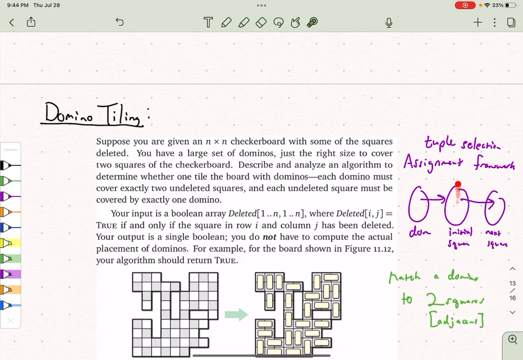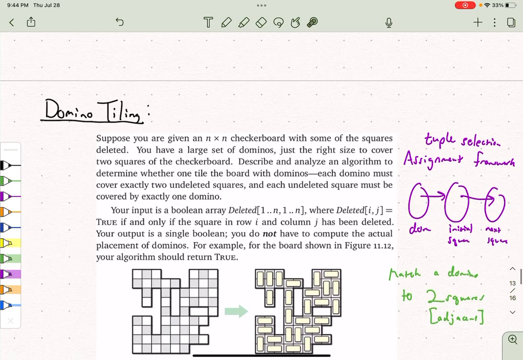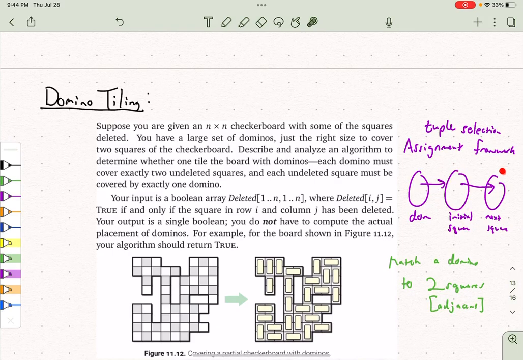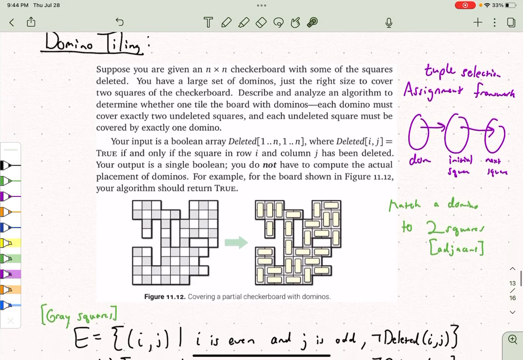Now the tricky part is which squares go in this set and which squares go in this set. We could have every possible square in both, but then there's the danger of one domino covering multiple of the same square, or some domino being on top of two squares that aren't even close to each other at the same time. So we have to be really careful with how we're constructing these sets.